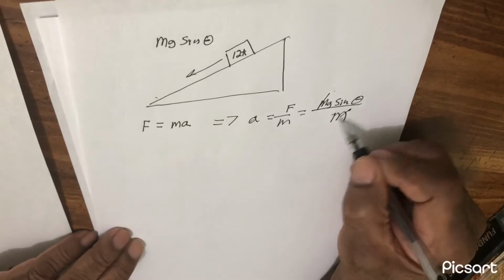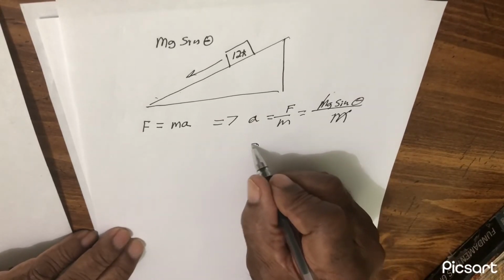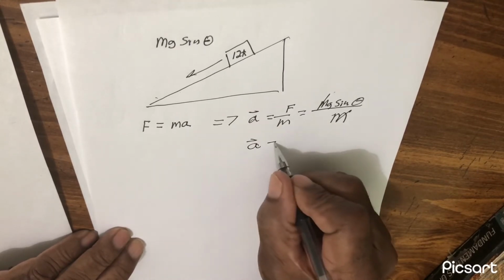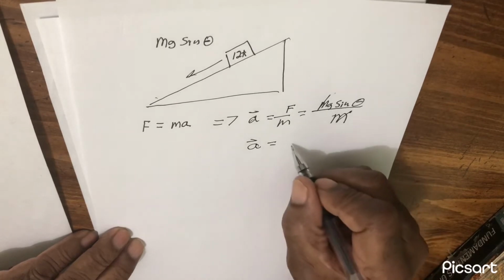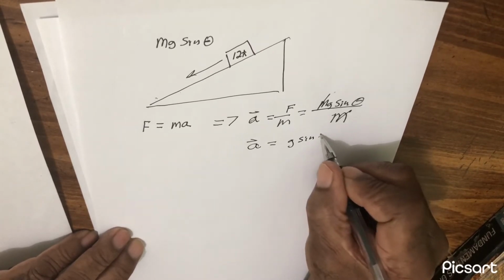Masses will cancel, so acceleration is just going to equal g sine theta.